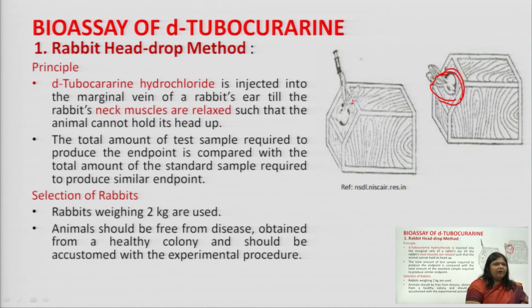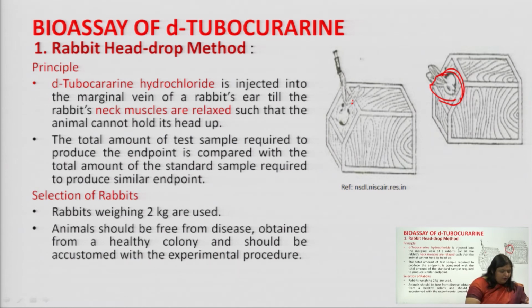So this is called the head drop method, because the skeletal muscles are now relaxed. The total amount of the test sample required to produce this endpoint is compared with the total amount of the standard sample required to produce a similar endpoint. So this is a quantal type of bioassay where we are using the whole animal and observing the endpoint: the animal is not able to hold its head.